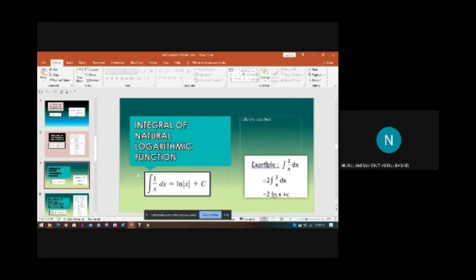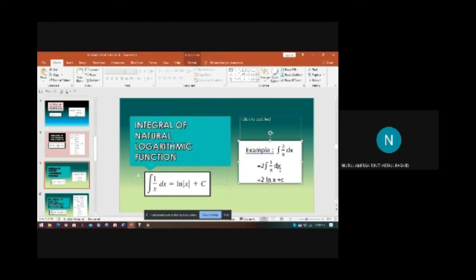So look at this example. Here, we just need to apply the rule to the question. So how to integrate 2 over x dx?